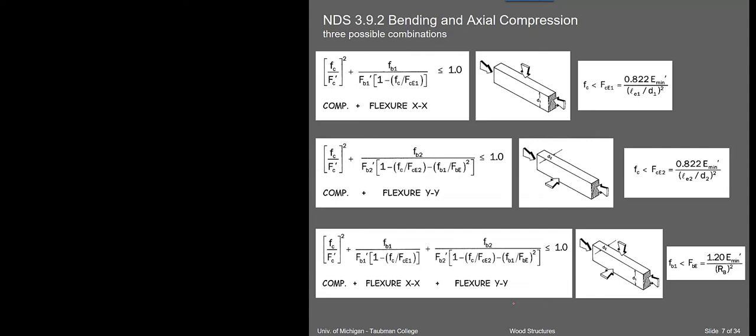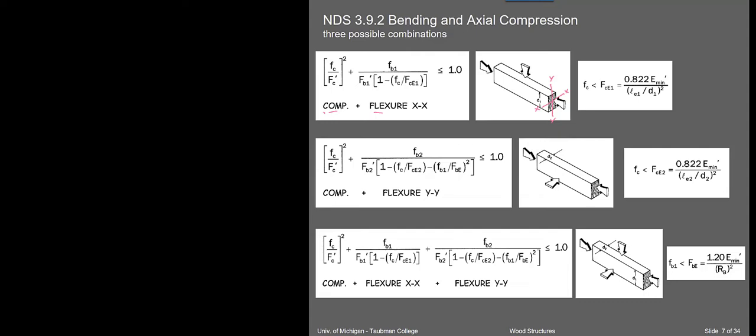Okay, so these equations would be used for compression plus flexure in the X direction. Normally, strong axis bending would be X and weak axis bending would be Y. Well, they don't like the X and Y nomenclature in wood.